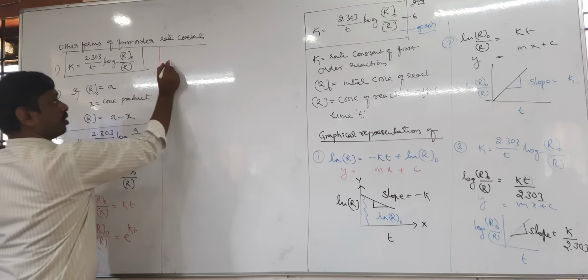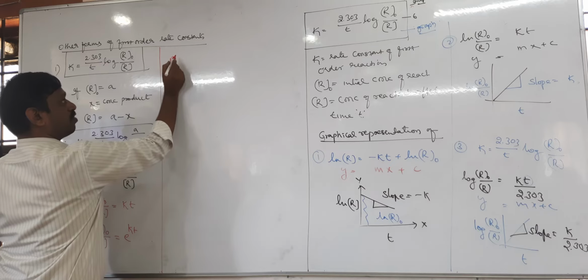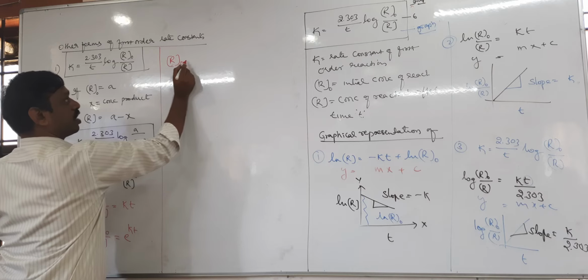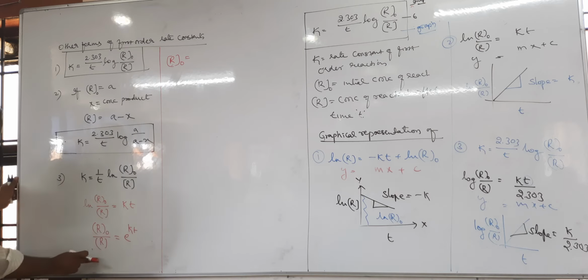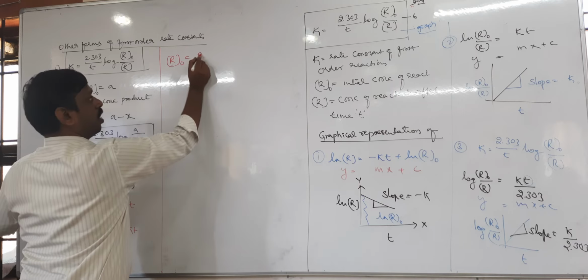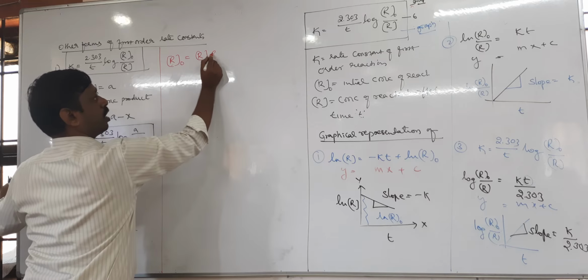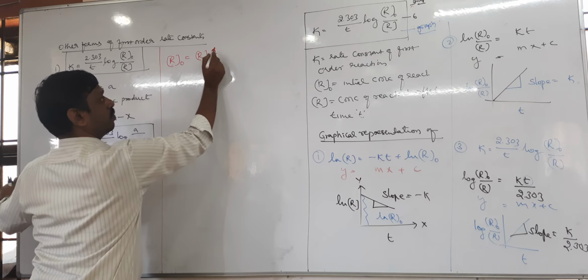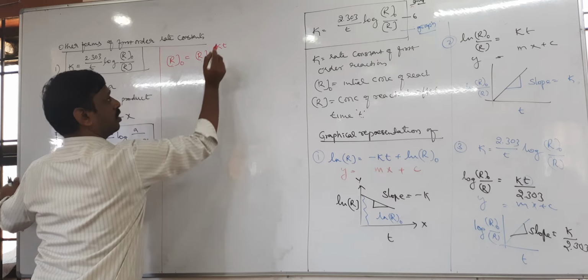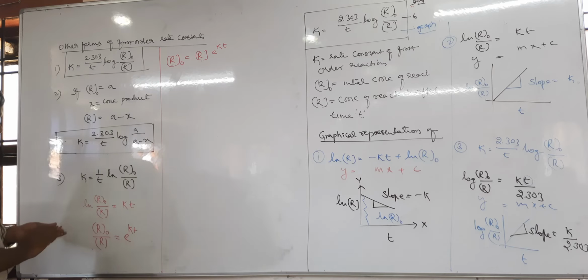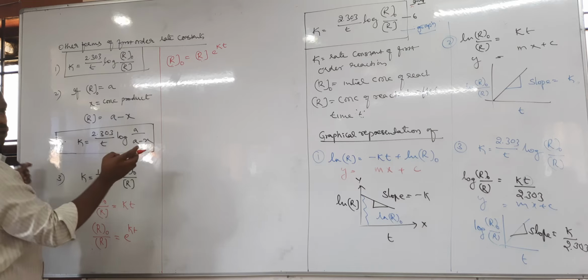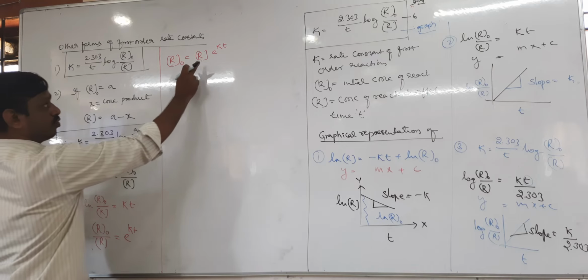Then actually we want r, so first r naught equals r into e power kt. This is one equation, but we actually want r equal to.